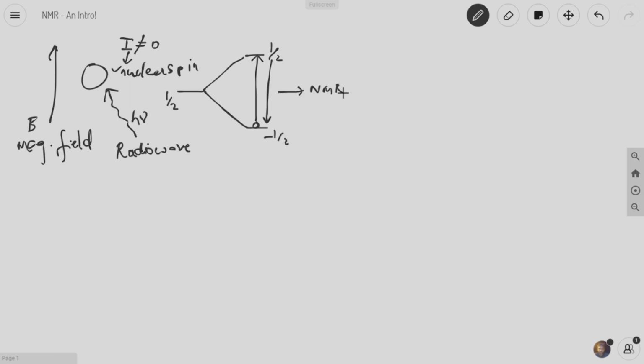Not all frequencies can make this excitation happen. Only when the frequency matches the precession frequency, that is the Larmor frequency, the excitation will happen. If not, the excitation will not happen.